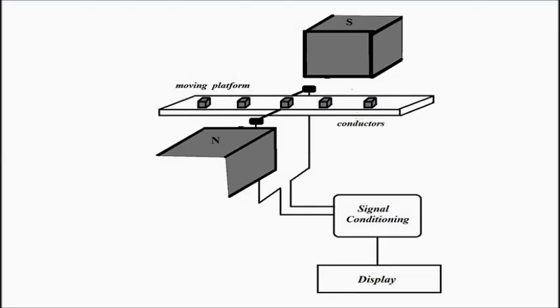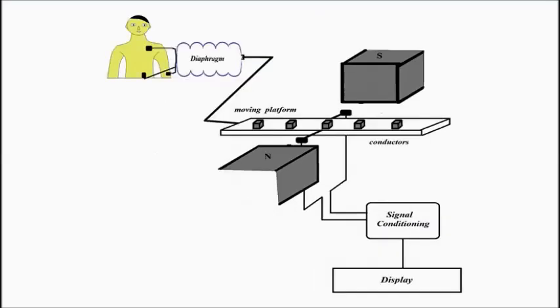This setup is connected to one end of the diaphragm, while the other end is connected to the body part where pressure fluctuations have to be monitored. When pressure fluctuations happen, the diaphragm undergoes compression and expansion. Because of that, the platform moves.